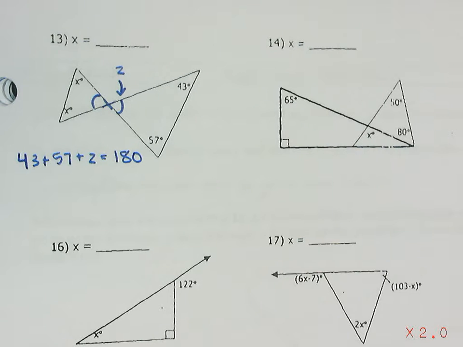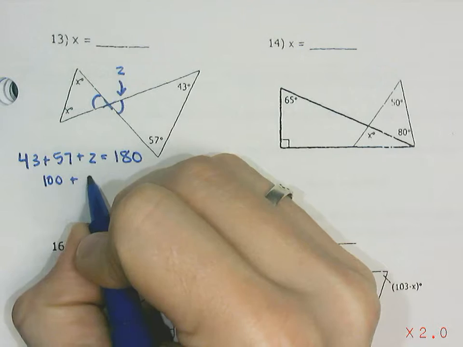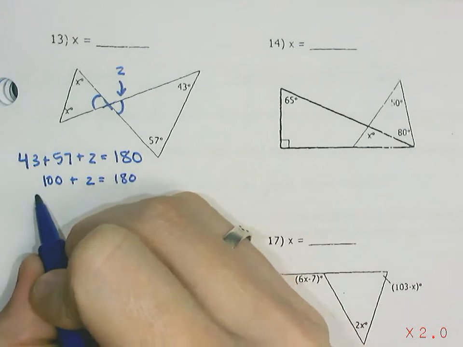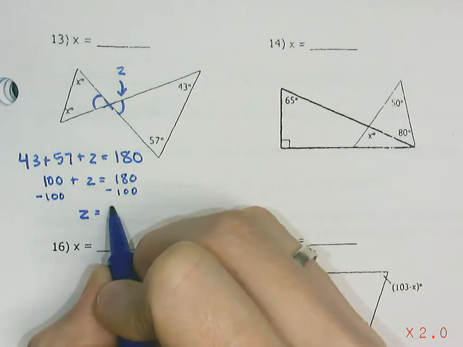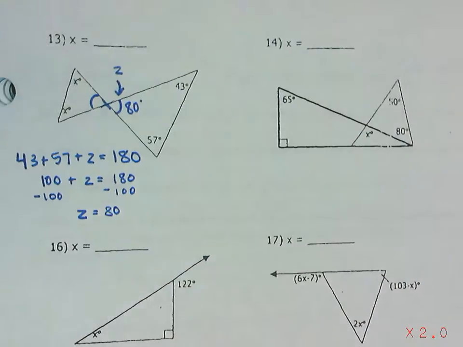So 43 plus 57 is 100. That's going to be 100 plus Z equals 180. So we take away 100 from both sides and angle Z equals 80 degrees. Okay, so this angle right here is 80 degrees.